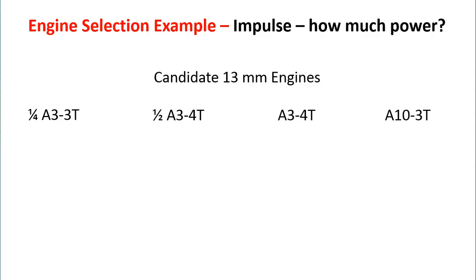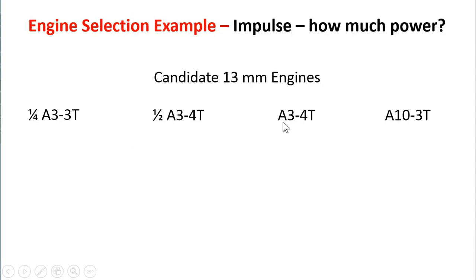The first consideration is the power level of the engine. Notice we have three different power classifications on these engines. This is a 1/4 A engine, that's a 1/2 A engine, that's an A engine, this is also an A engine. Remember, that letter tells you the power level.